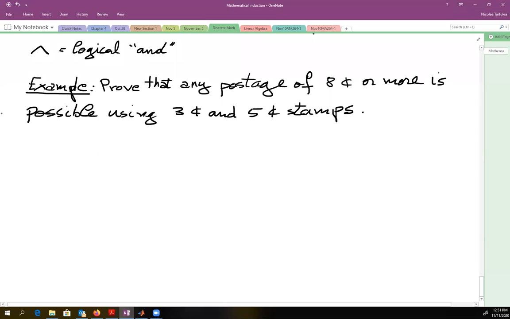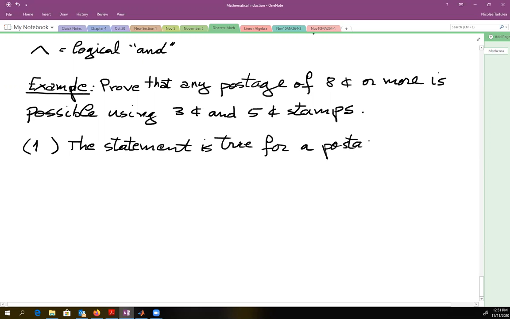Well, we use strong induction. The first step: obviously the statement is true for postages of 8 cents and 9 cents.